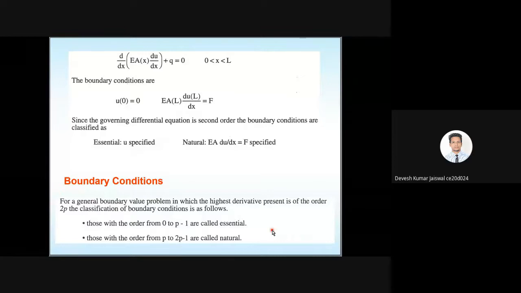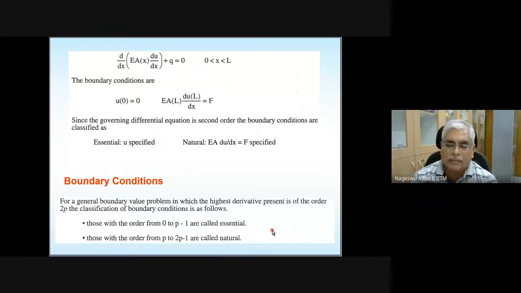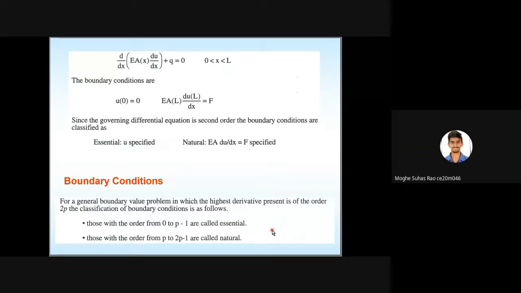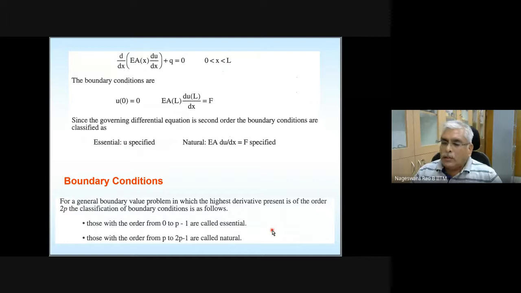Okay, now you apply that for a beam bending problem. It's a fourth order differential equation. 2p is equal to 4, p is equal to 2. So those boundary conditions of order 0 to p minus 1, which means 0 to 1, are essential, and those boundary conditions of order p to 2p minus 1, 2 to 3, are natural.